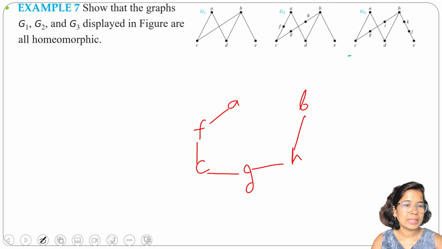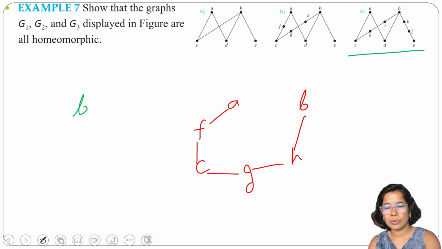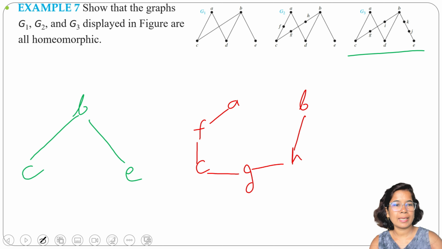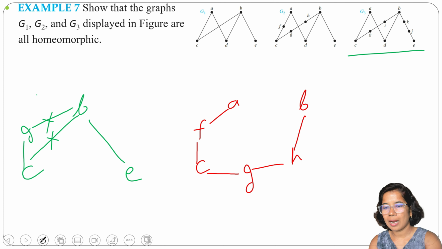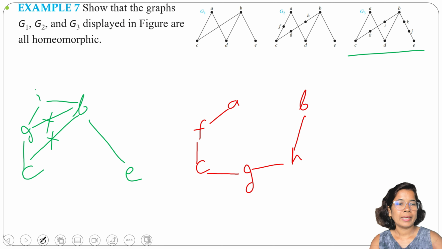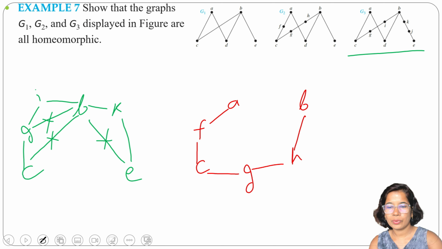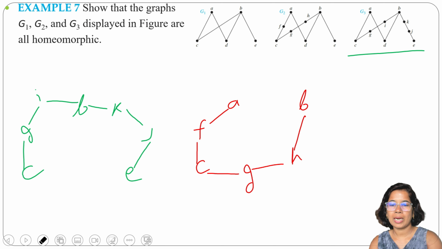In the same way let's check G3. In G1 there are edges B to C and B to E. The rest are the same, just there are changes between B to C and B to E. We can remove the B to C edge, add a vertex G, then connect B to G and C to G. Again remove B to G and add a vertex I, then connect B to I and I to G. Next B to E: remove B to E, add a vertex K, connect B to K and K to E. Again remove K to E and add a vertex J, connect K to J and J to E. So we got B to I to G, G to C and B to K, K to J, J to E in place of B to C and B to E. So by elementary subdivision we are getting G3.